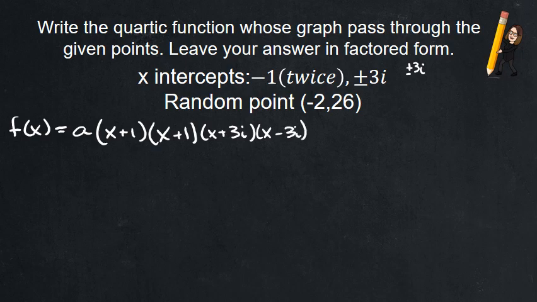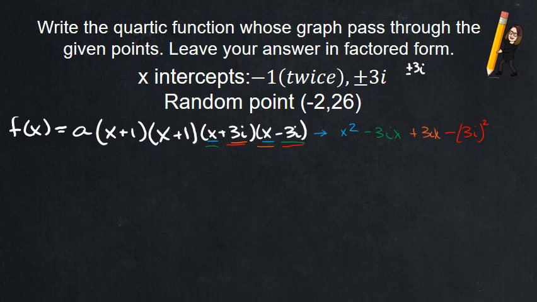So let's deal with those imaginaries first. We're going to have to FOIL that out, kind of similar to the previous one. I'm going to do it off to the side. First, an x squared. Outer would be a negative 3ix. I know that seems weird, just bear with me. Inner is going to be a positive 3ix. See what happens there? And last, a positive times a negative is a negative, and I'm going to have a 3i squared.